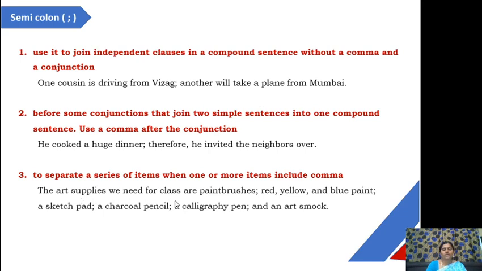The art supplies we need for class are paint brushes; red, yellow and blue paint; a sketch pad; a charcoal pencil; a calligraphy pen; and an art mark. We have different items here, but we also use commas between the words within a single item, and then we get confused. To make it clearer, we use a semicolon when one or more items include commas. Paint brushes is one item, but for paint we have different things, red, yellow and blue, so to show that separation we use commas in between. To avoid that confusion, we keep a semicolon between the items.